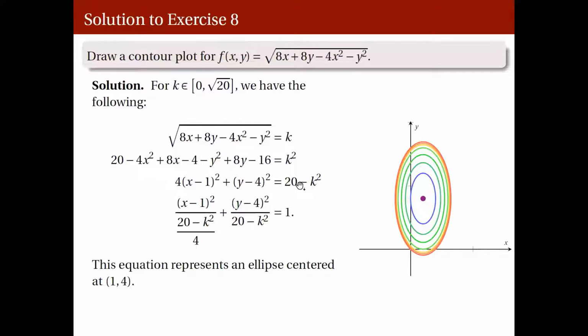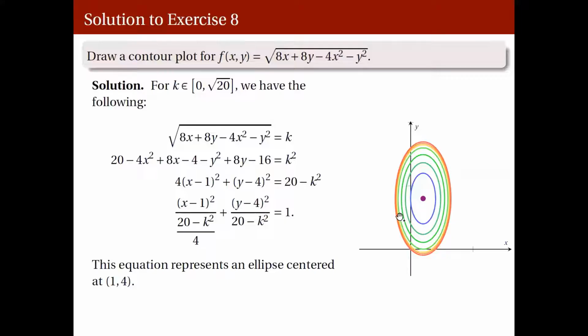So it should indeed be just a point, which is this dot located at 1, 4. So that's the contour plot for f of xy. So that's item 8.